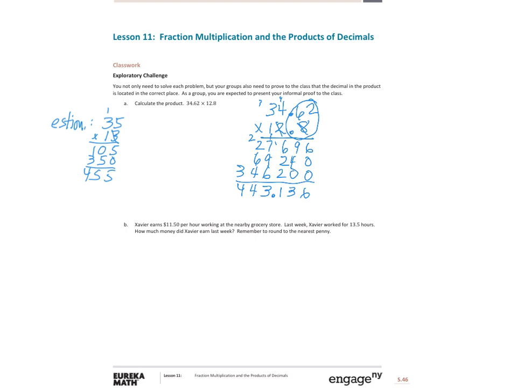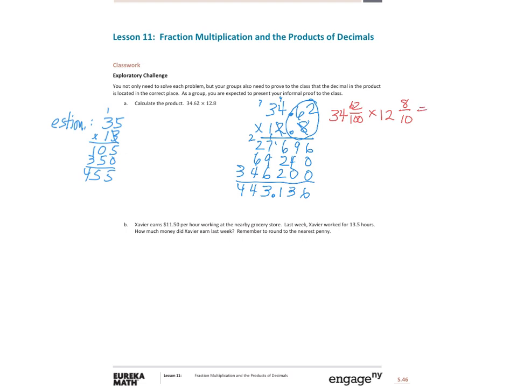But I could also choose a different color. Let me go red. I could also choose to write my fractions as 34 and 62 hundredths, and then I am multiplying that by 12 and 8 tenths.